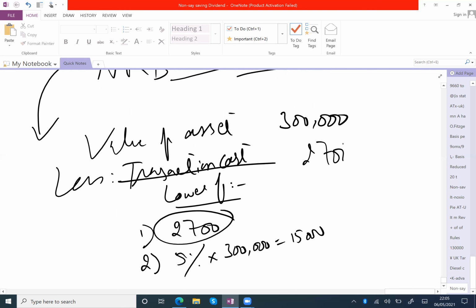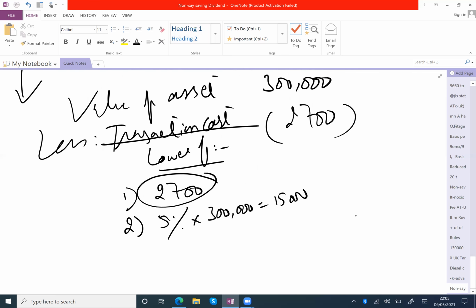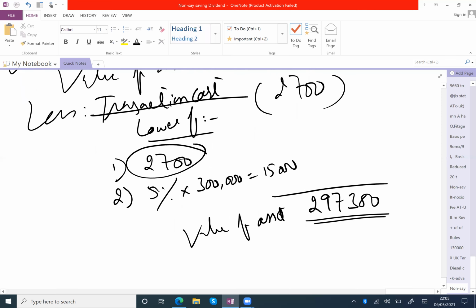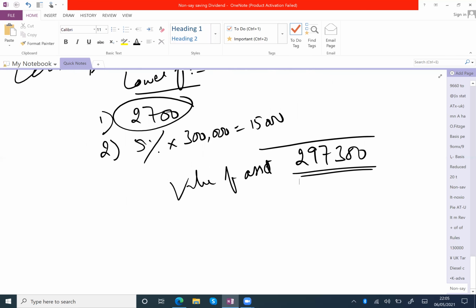So this is your transaction cost, the allowed expense. The remaining value of the asset is 297,300. Now your nil rate band is already used, so on 297,300 apply the 40% death tax.